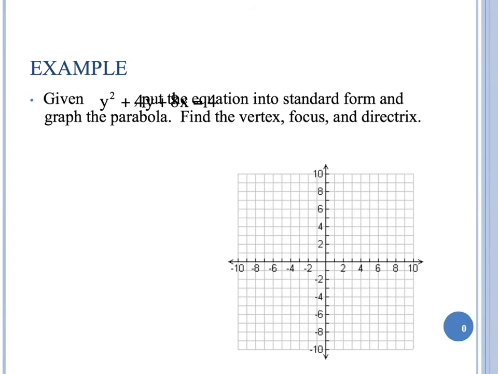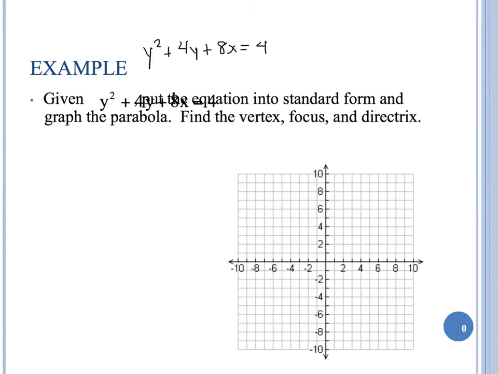Now, in this example, hopefully it showed up much better on your PowerPoint than it did on this slide. I think that says that we have y squared plus 4y plus 8x equals 4. So I have a y squared, which means this is going to open left or right.